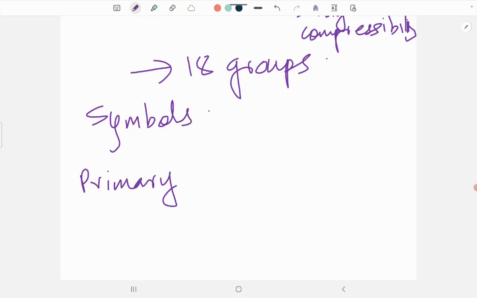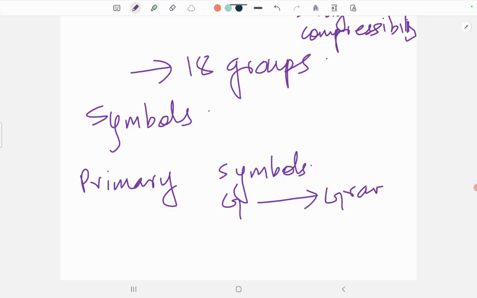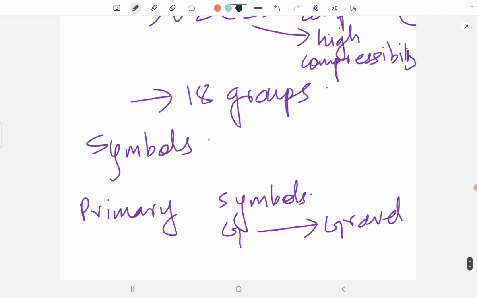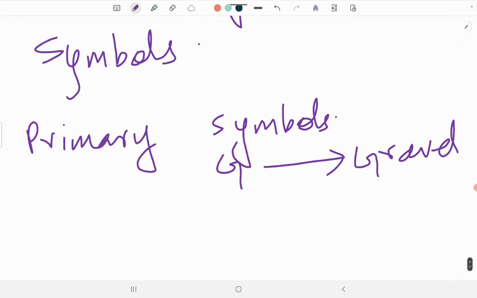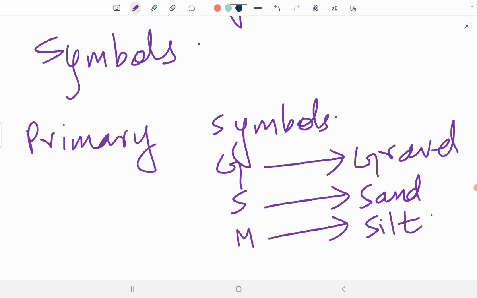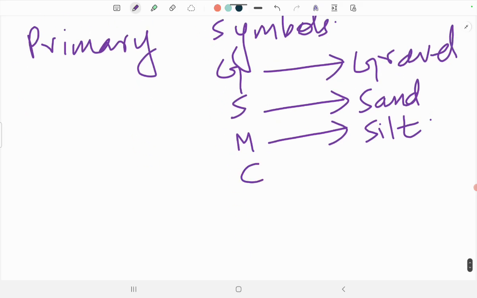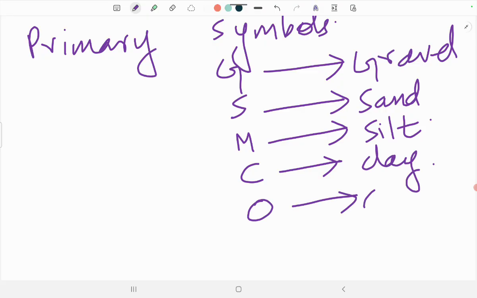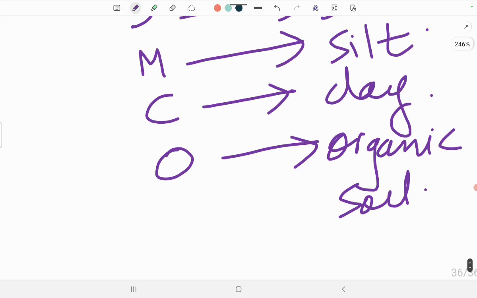For primary symbols, G means gravel, S means sand, M means silt, C means clay, O means organic soil, whereas PT means peat.